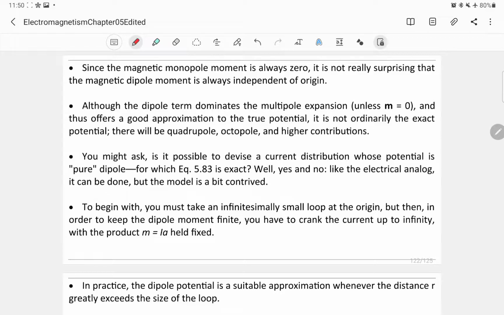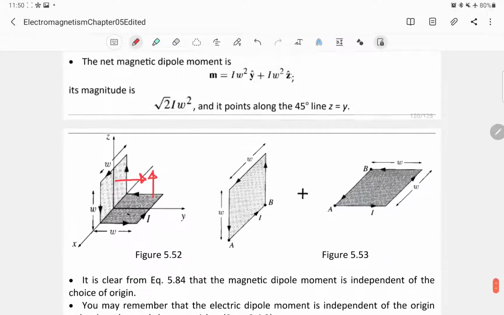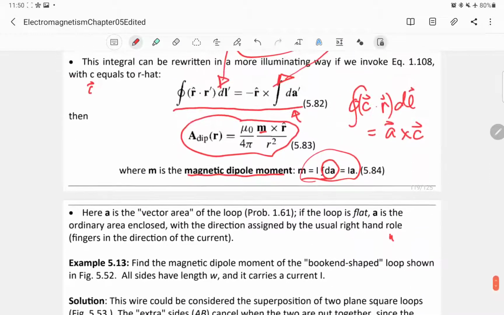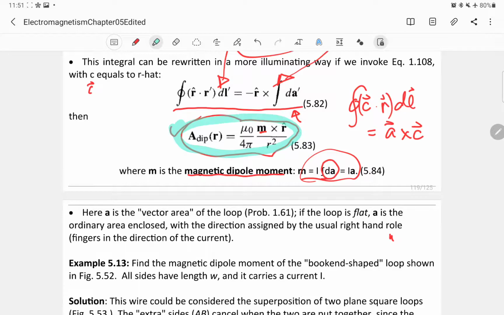So may I just read the three bullets? You might ask, is it possible to devise a current distribution whose potential is pure dipole, for which equation 5.83 is exact?